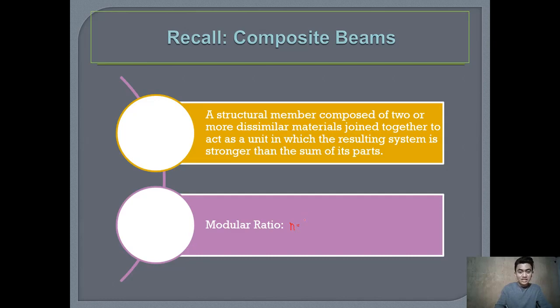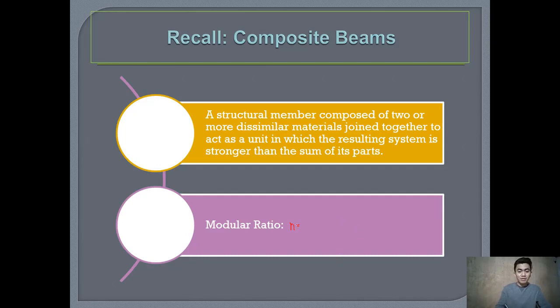It is computed using the modulus of elasticity of the two structural members composing your composite beam. You divide the modulus of elasticity of the higher material by the modulus of elasticity of the other material.